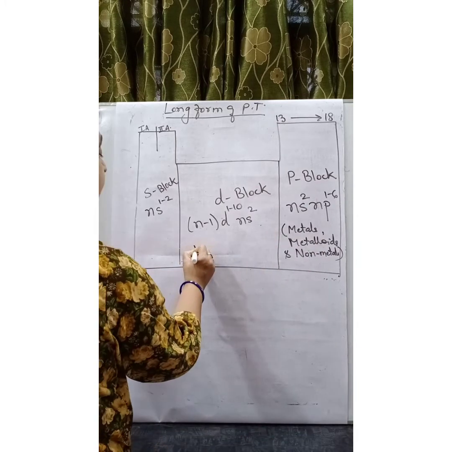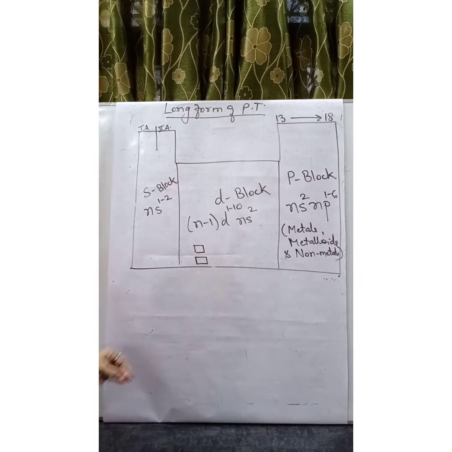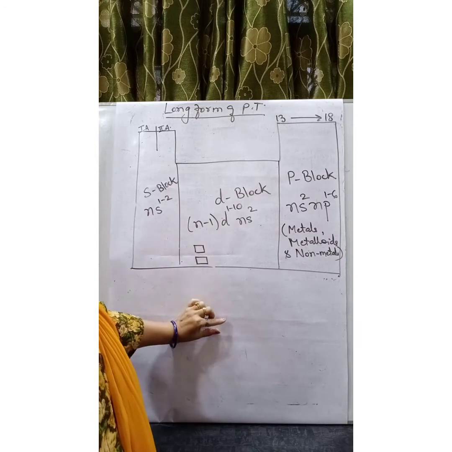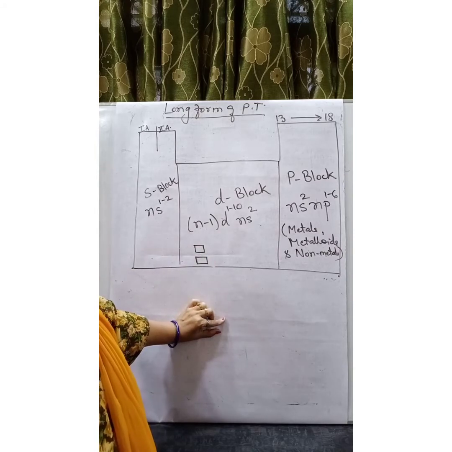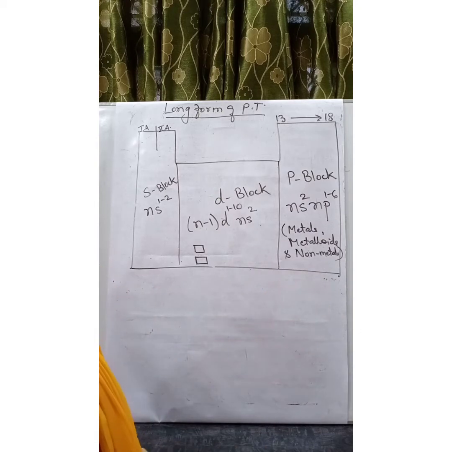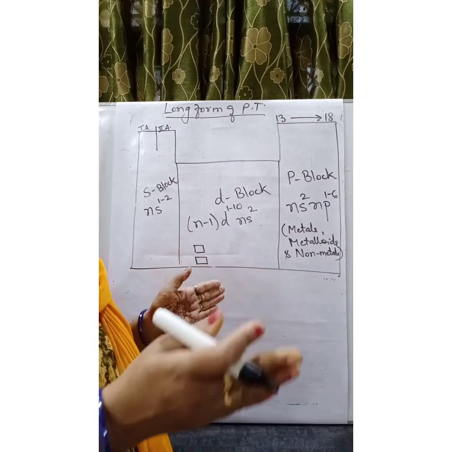Here, in the 6th period and the 7th period, we find that these elements are placed at the bottom of the periodic table in order to avoid sidewise expansion of the periodic table. The elements have similar characteristics.